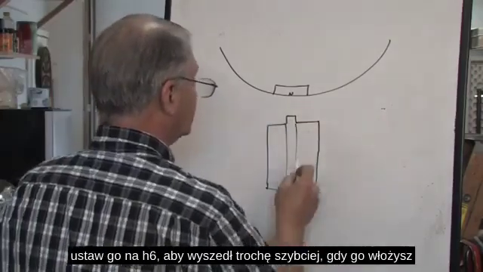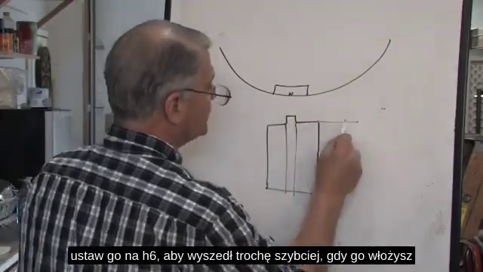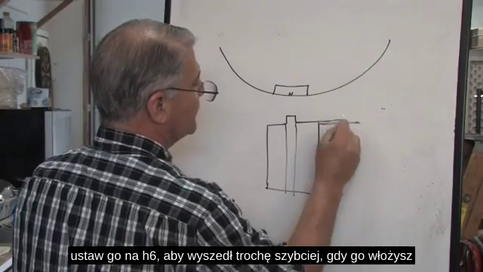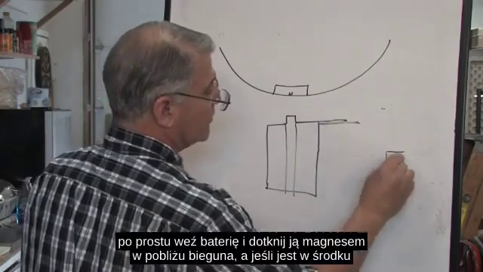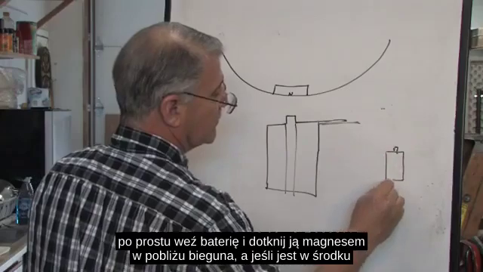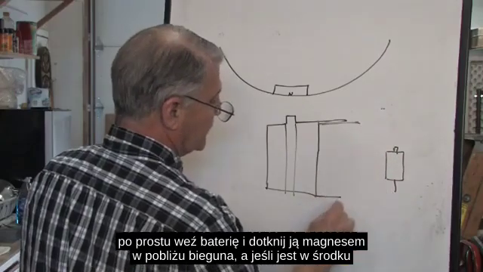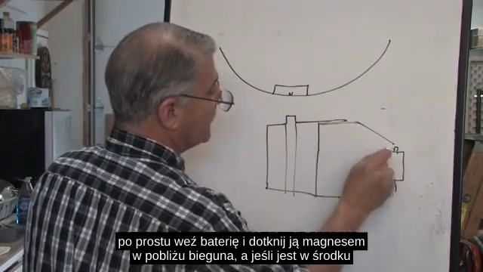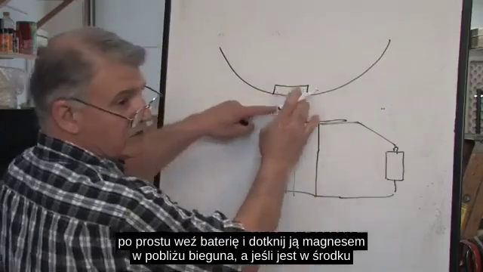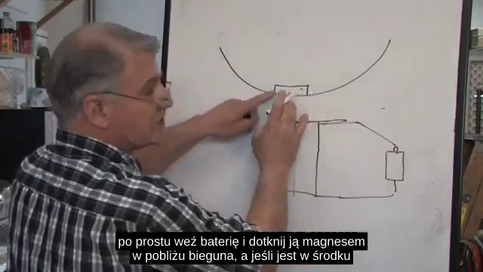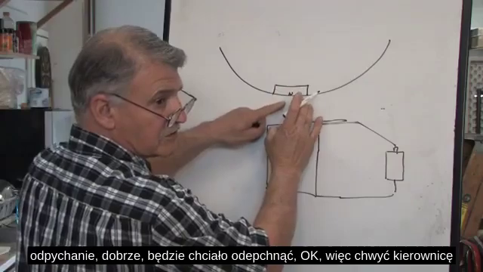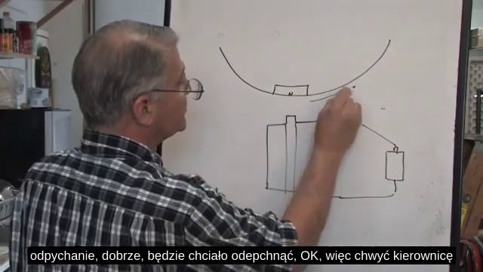And the easiest way to test that is by taking the battery. Just take a battery and just tap it with the magnet near the pole. And if it's in repulsion, right, it's going to want to push away.